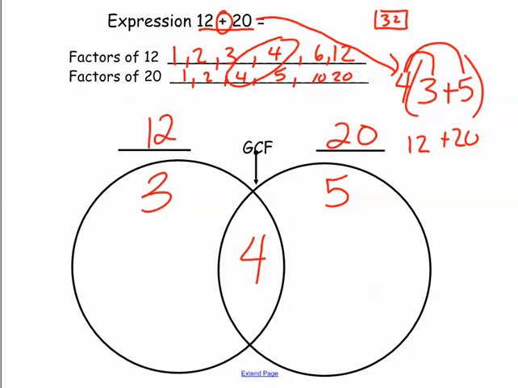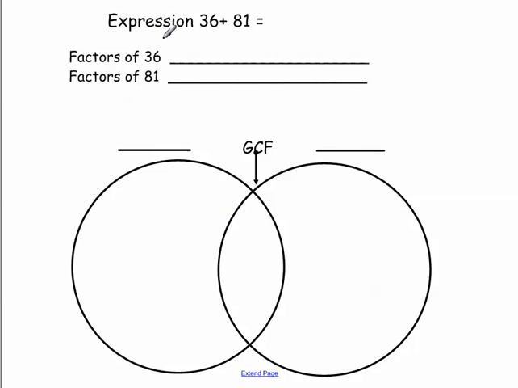All right, let's move to the next one. Let's look at this one. My factors of 36 are 1 and 36, 2 and 18, 3 and 12, and 4 and 9.